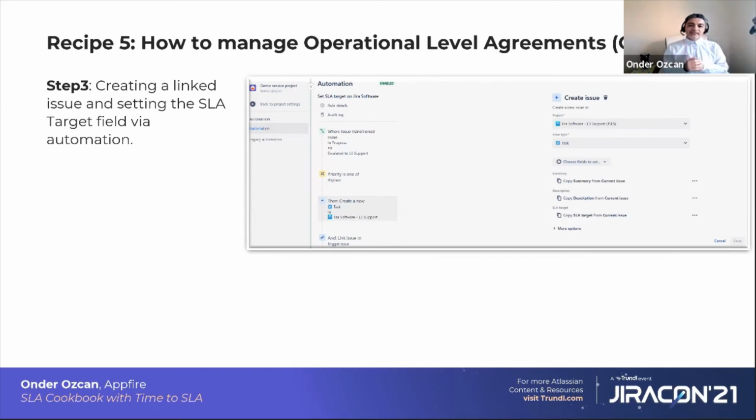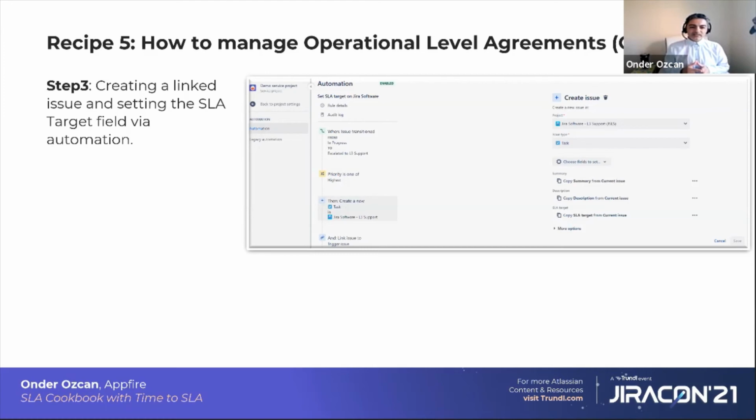And the glue is the automation bit. For those who are not familiar with it, automations run from top to bottom. As you can see, it's going to be triggered when the issue transitions to escalated to level 3 support, and if the priority is the highest, the blocker in this case.